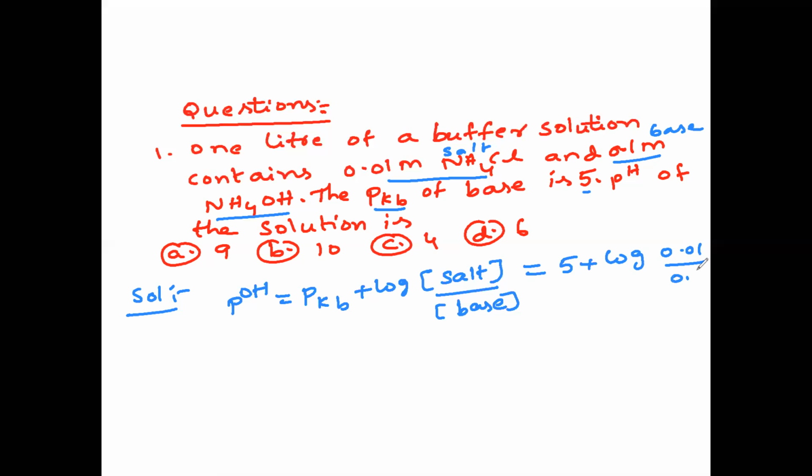So it is equal to 5 plus log of 0.01 by 0.1. 0.01 divided by 0.1 is equal to 0.1. Once again, 0.01 divided by 0.1 is equal to 0.1.